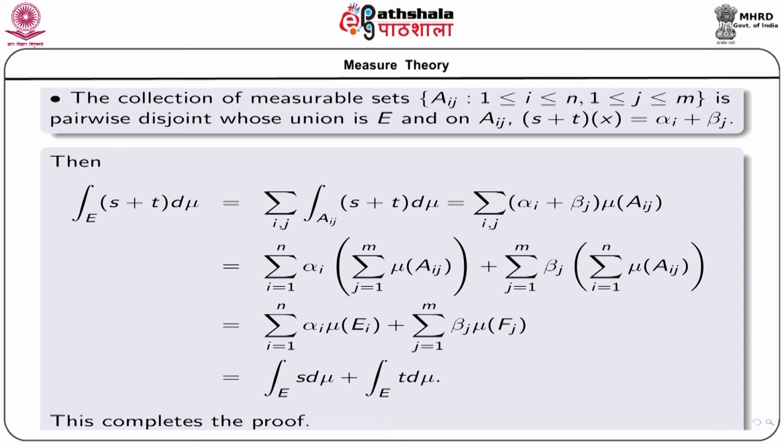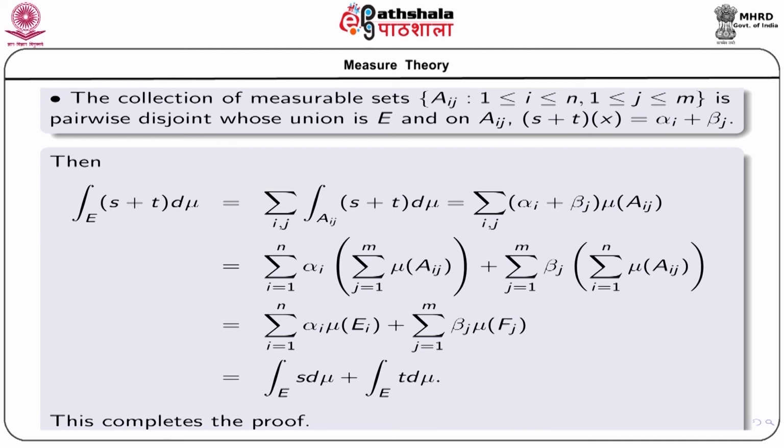I can divide this sum into two parts. So, this is equal to the sum from i equals 1 to n of alpha i times the sum from j equals 1 to m of mu A i j, plus the sum from j equals 1 to m of beta j times the sum from i equals 1 to n of mu A i j.